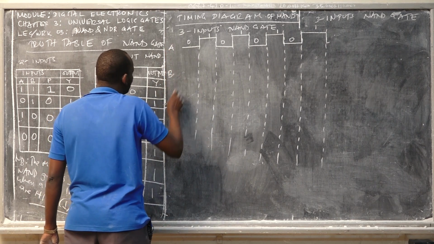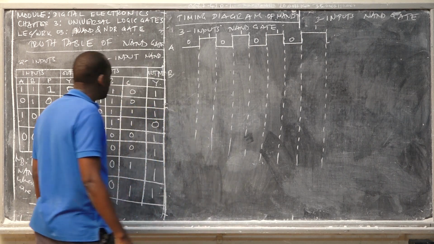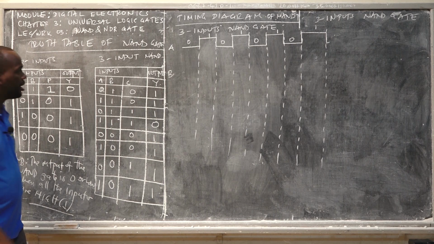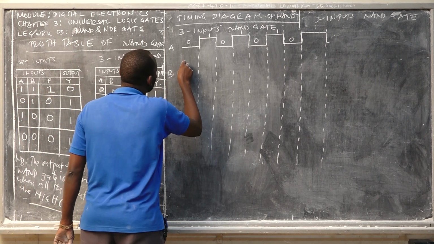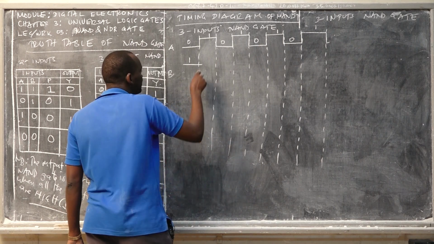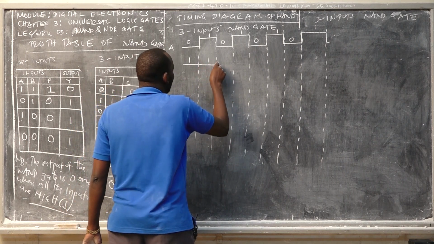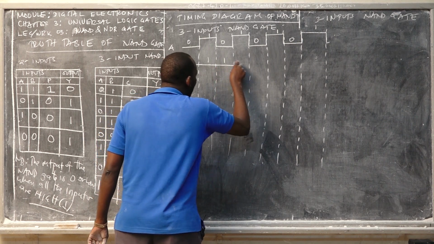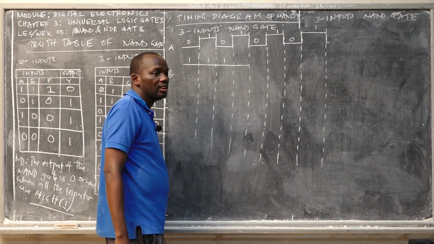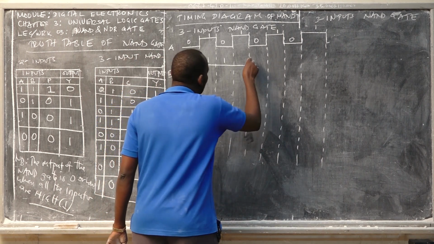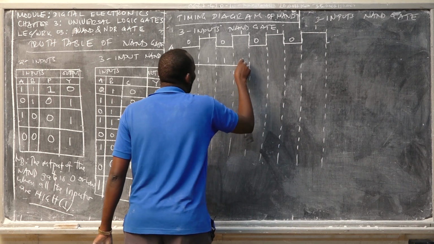Then input B. The first bit for input B is what? So 1. The next bit for input B, 1. The next bit for input B, 1. The next bit for input B, 0. Who told you 0? 1.